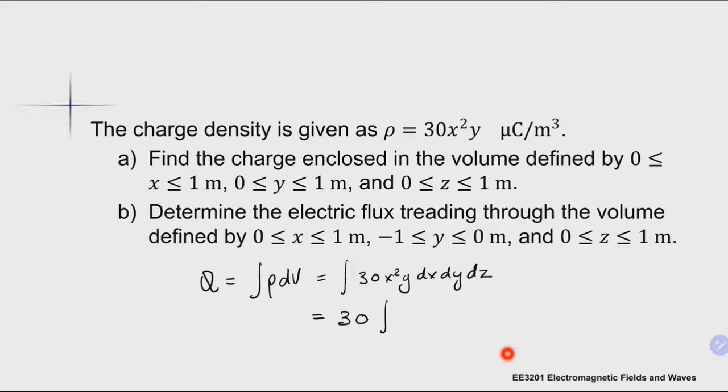X is from 0 to 1. X squared dx. Y 0 to 1. Y dy. And then z 0 to 1 dz.